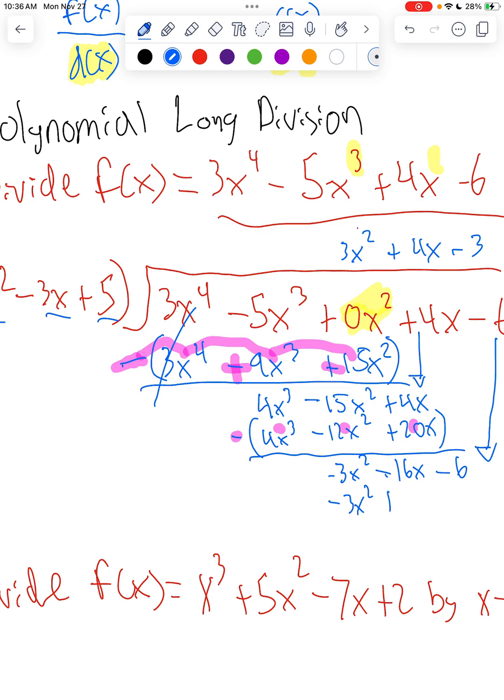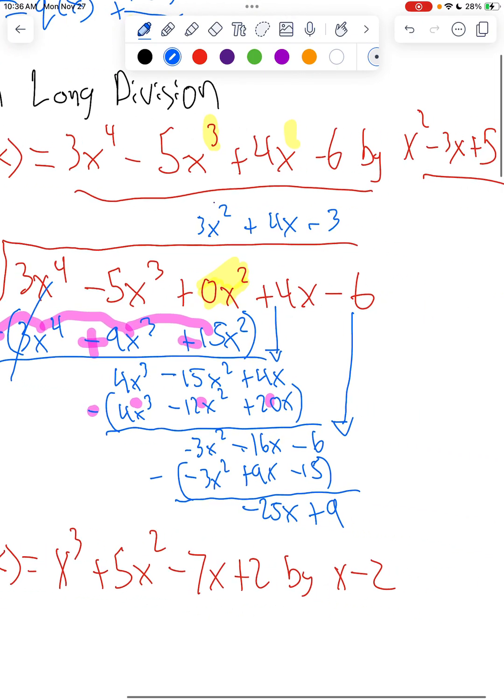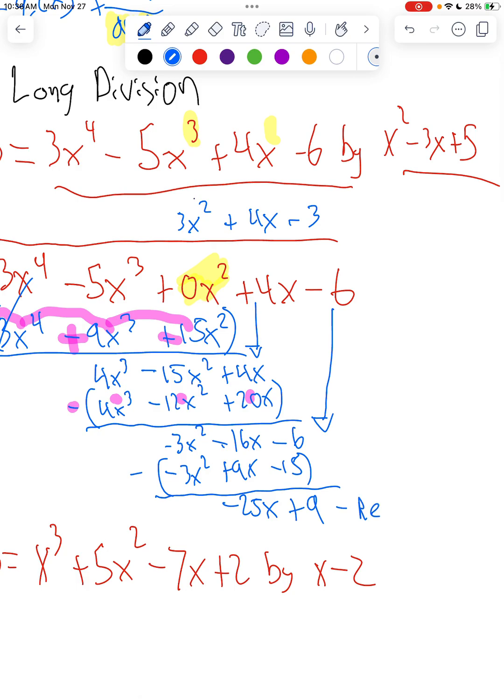This is actually plus 9x and then minus 15, but when I subtract it, that changes all my signs. So I'm left with negative 25x plus 9. This is essentially my remainder.